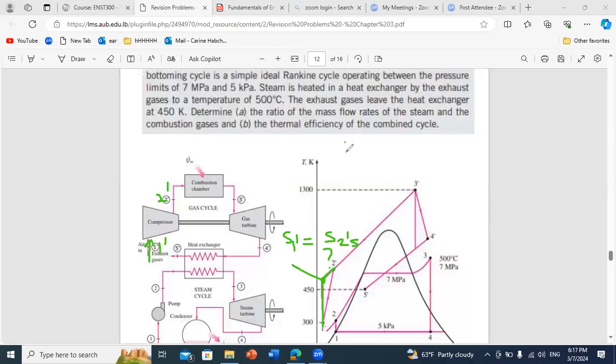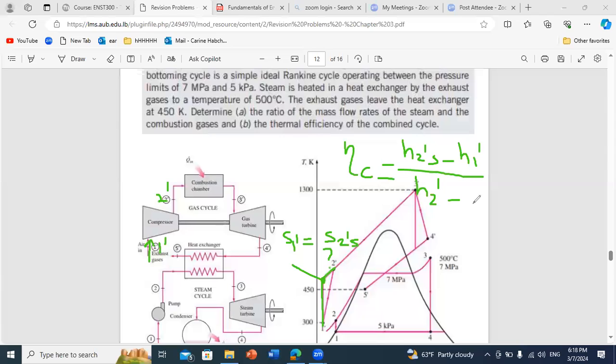I will tell you that the isentropic efficiency of the compressor is equal to H2 prime S minus H1 prime over H2 prime minus H1 prime.